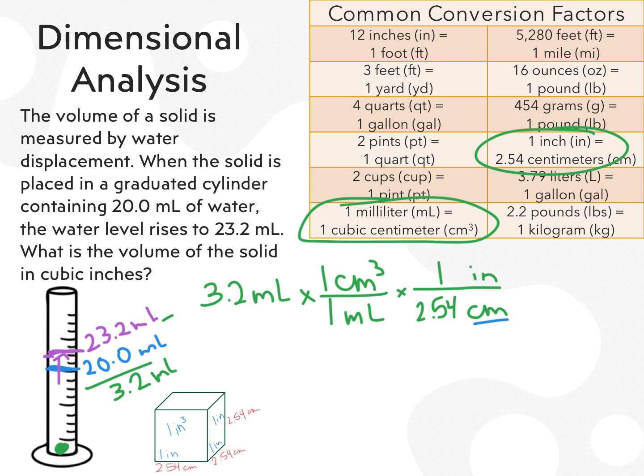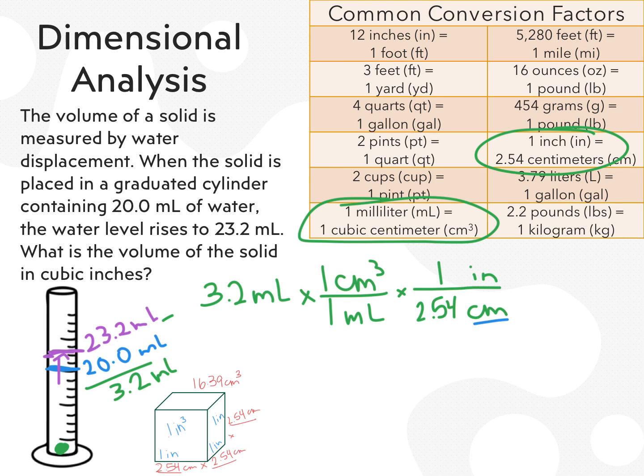So for 1 inch cubed, 1 times 1 times 1 is 1 inch. But for my centimeters, it's 2.54 times 2.54 times 2.54, which is really 16.39 centimeters cubed. So even though 1 inch is the same as 2.54 centimeters, 1 inch cubed is the same as 16.39 centimeters cubed.